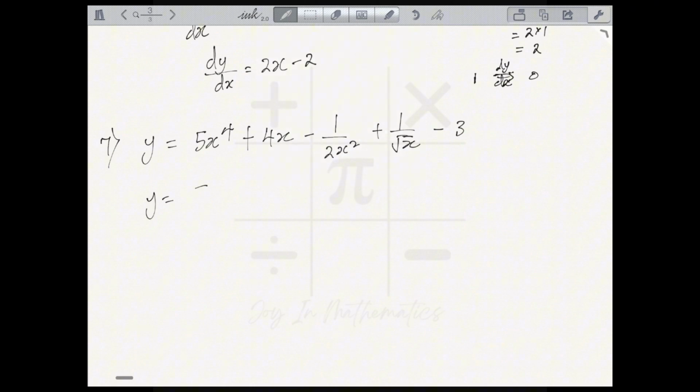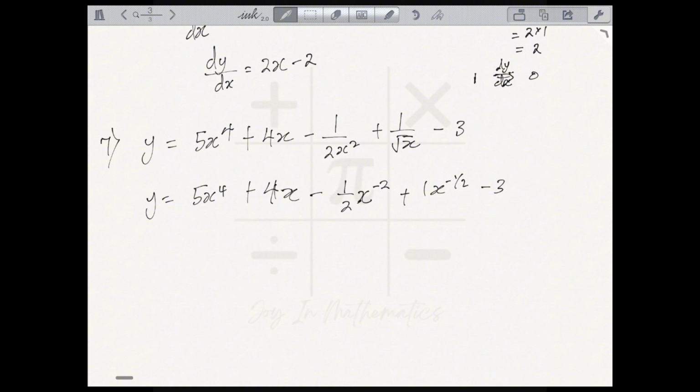Now y here will be equal to 5x raised to power 4 plus 4x minus 1 over 2 x raised to power minus 2 plus 1 multiplied by x raised to power minus 1 over 2 minus 3.